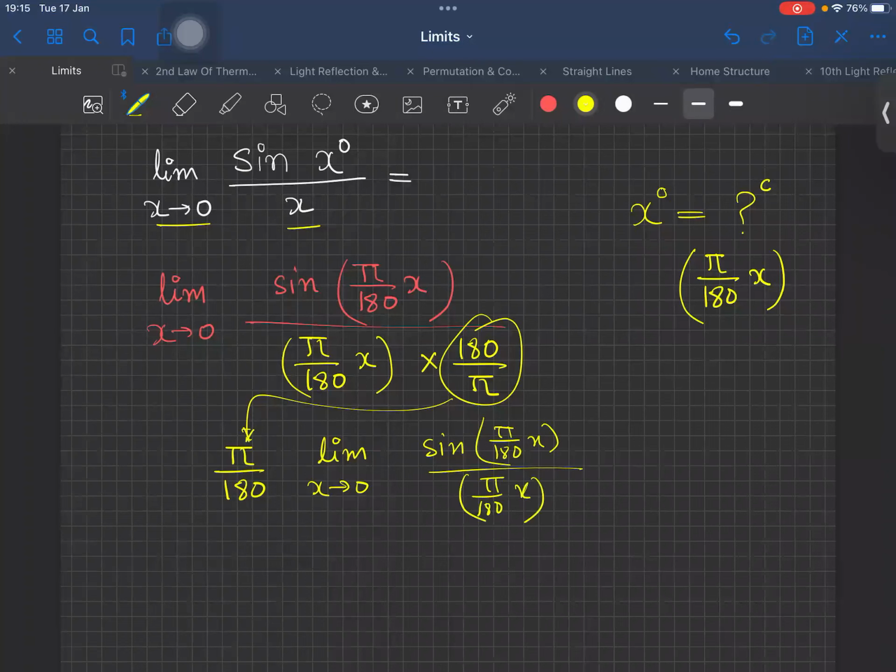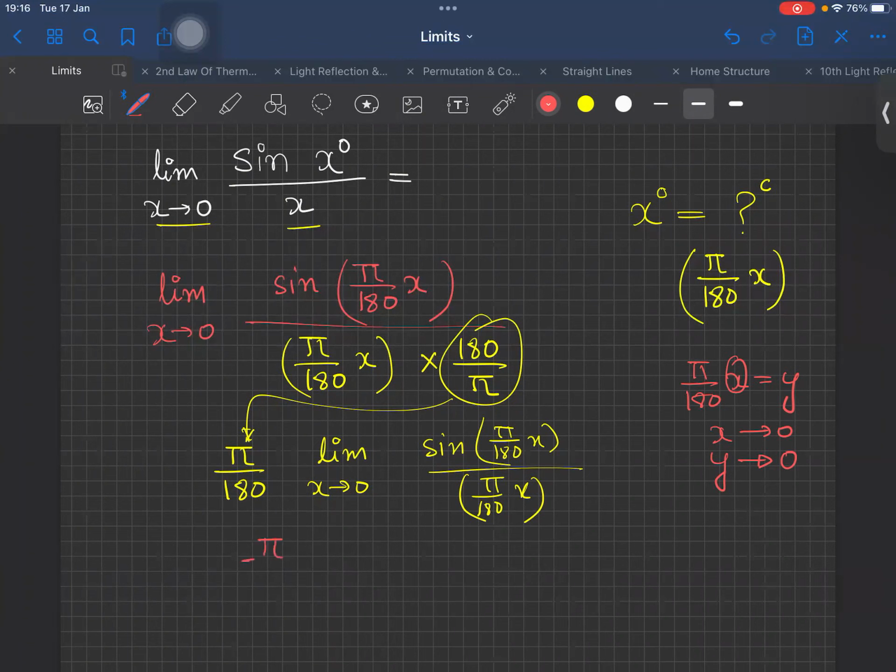Now if you have a problem, let's replace pi by 180 x with y. So what will this become? As x is approaching 0, what is y approaching? Just put the value of x as 0 here. What will be the value of y? 0, right? So as x is moving towards 0, y is also moving towards 0.